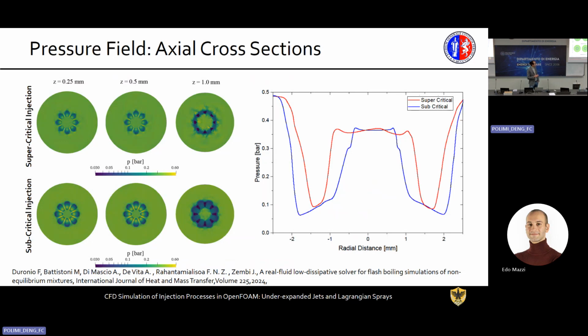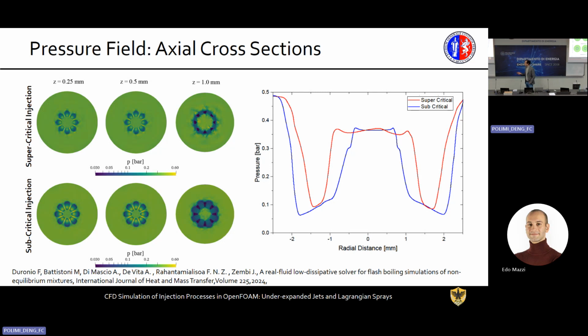Because as you can see, plotting a pressure profile that is crossing two jets, we can observe that exactly crossing the jet, we have a strong depressurization of, obviously, the pressure. And even if we are considering this area on the jet axis, we are below the ambient pressure.